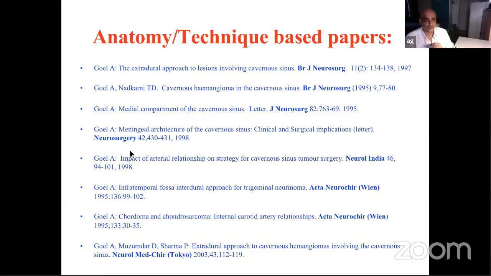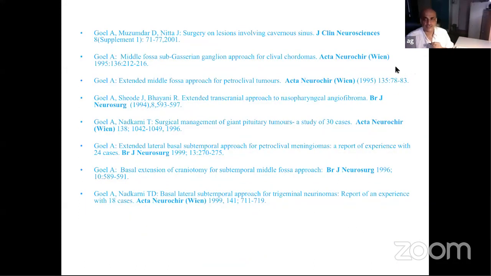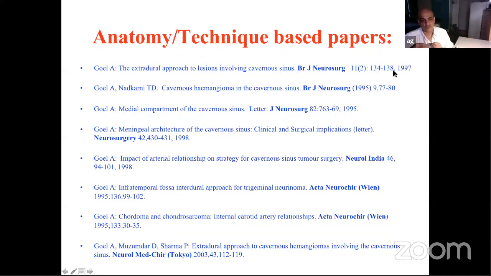This article was written 22 years ago, and believe me, my young friends, 22 years ago, cavernous sinus surgery was just being born. This article of mine was written in 1997. Cavernous sinus surgery was just emerging.